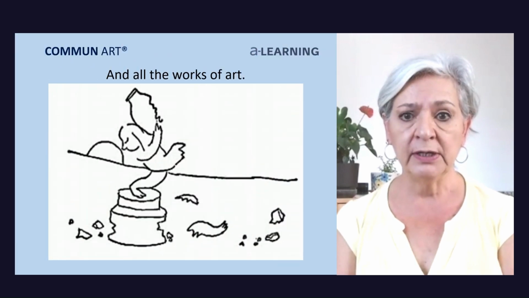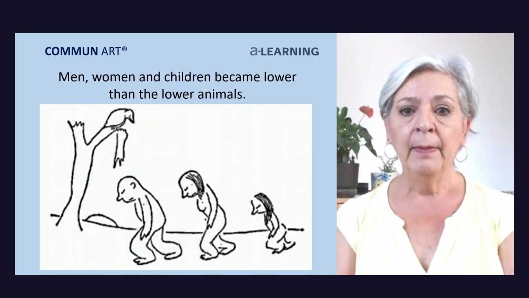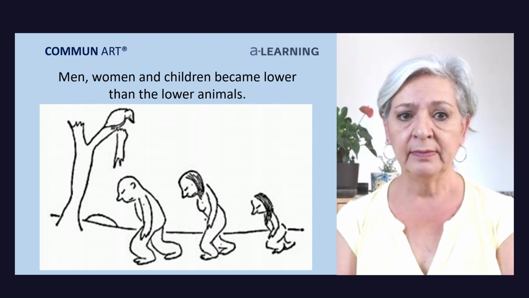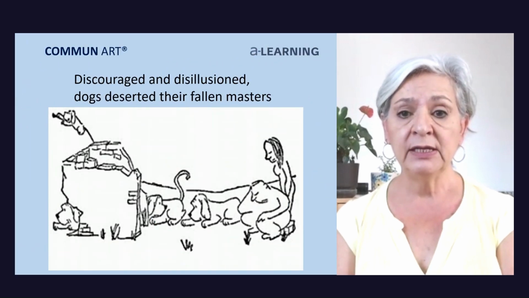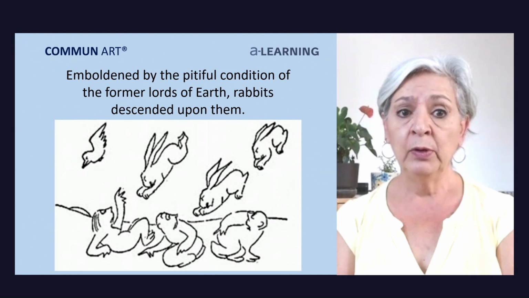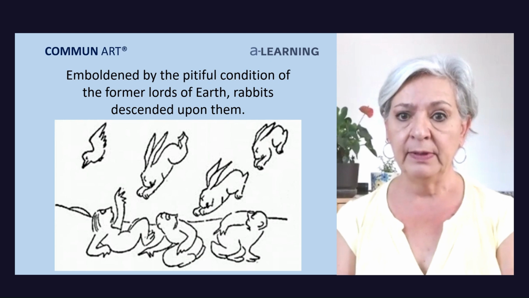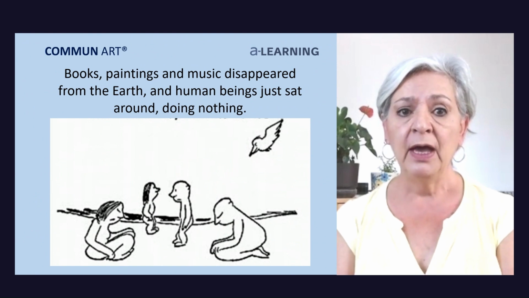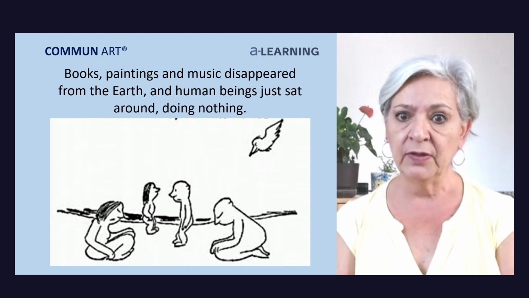And all the works of art. Men, women, and children became lower than the lower animals. Discouraged and disillusioned, dogs deserted their fallen masters. Emboldened by the pitiful condition of the former lords of earth, rabbits descended upon them. Books, paintings, and music disappeared from the earth, and human beings just sat around doing nothing.